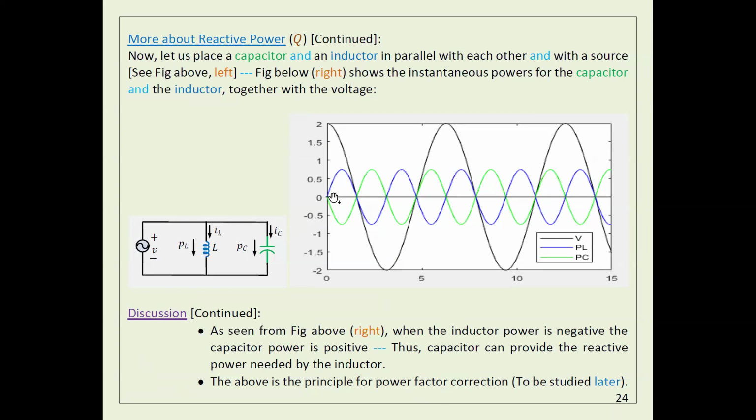Luckily, when one of them is positive, the other one is negative. That means this power can be injected here, so the power can always be exchanged between this one and this one, and we avoid drawing it from the source. This should happen when the power factor is 1.